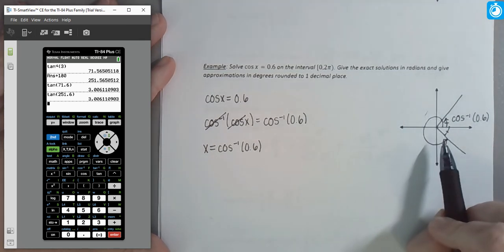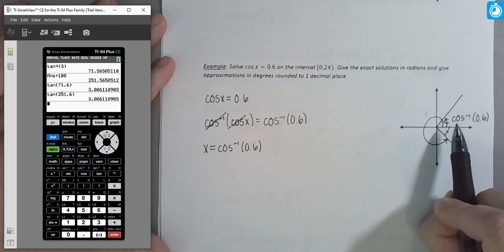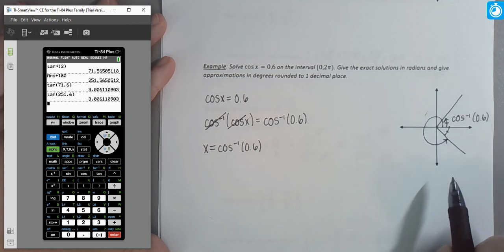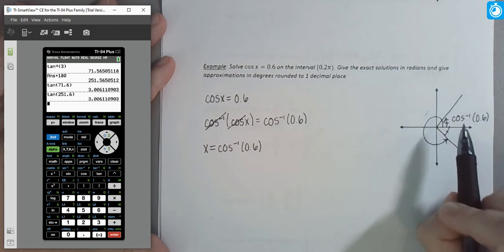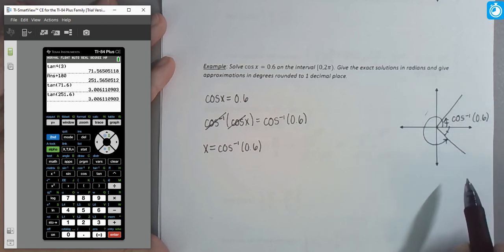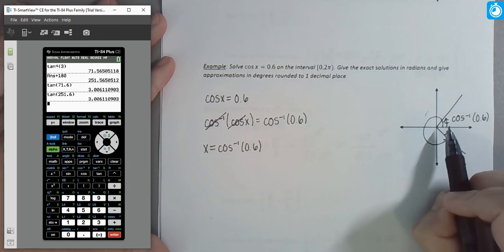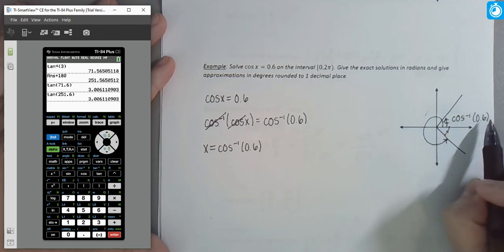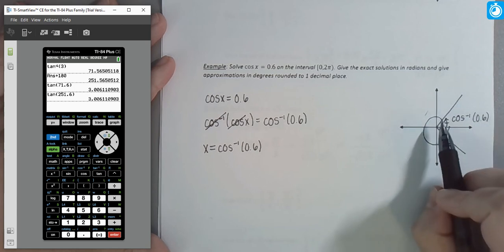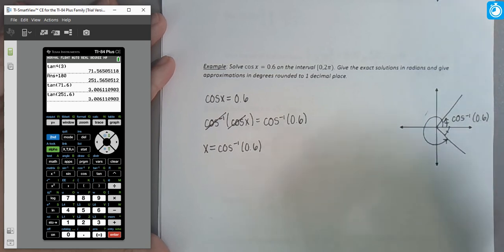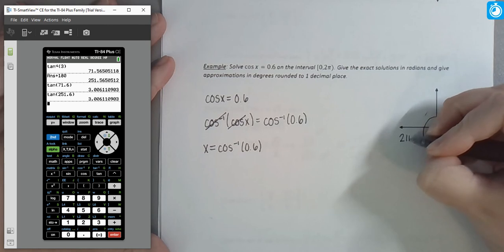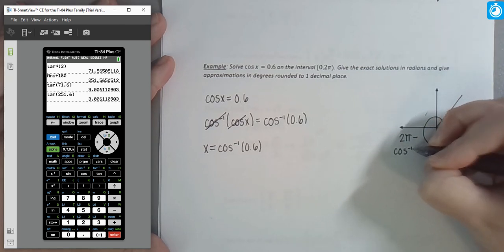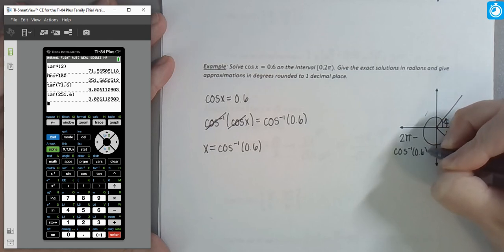Well, this angle right here is a full rotation minus this amount, minus just a little bit. So a full rotation in radians is represented by 2 pi, and 2 pi minus this amount, well, what is that? That's cosine inverse of 0.6. So this angle, our second solution, is going to be 2 pi minus cosine inverse of 0.6.